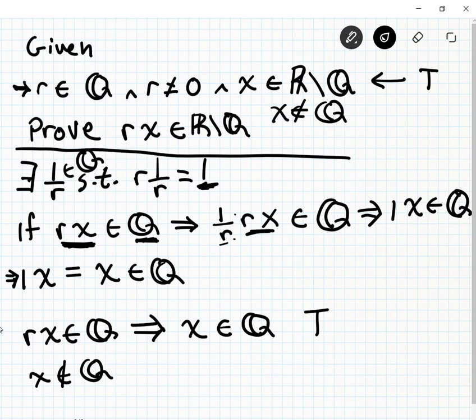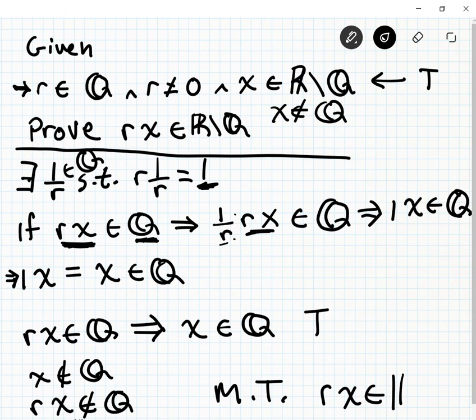So by modus tollens, R times X is not rational, which means that R times X is irrational.